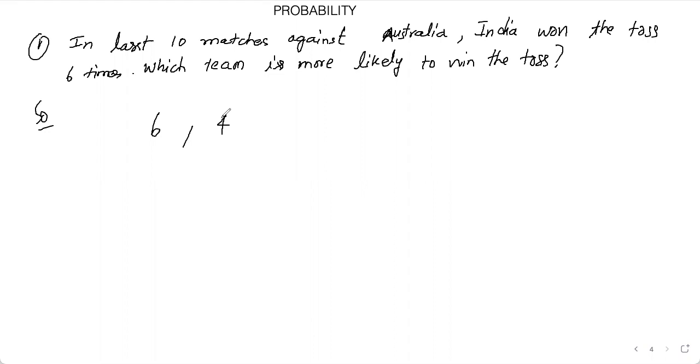And we have to find which team is more likely to win the toss. Since we know the frequency of winning the toss, we will have to find the empirical probability of each team winning the toss and then compare them to find which team has the higher probability of winning the toss. So let us start with Team India.